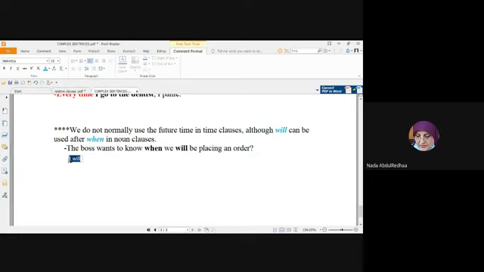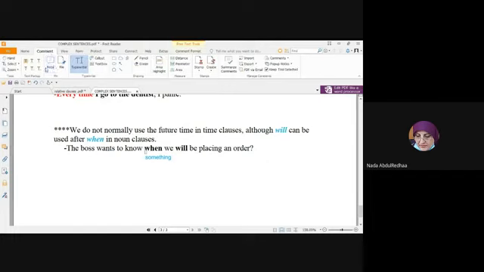No, it is not an independent clause because you missed something. The boss wants to know the rest of the sentence. Try to say it, anyone: the boss wants to know. He wants to know what? There is something missing in this sentence. I hope now you get the idea.